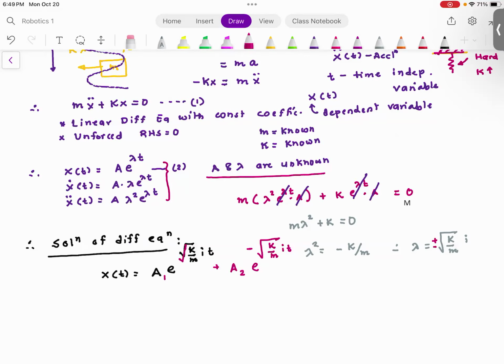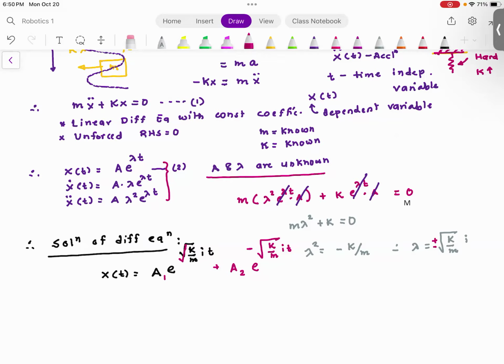Now, some of you may ask me, but we haven't figured out what A1 and A2 are. Once again, you agree with me that equation number 1 has two derivatives. If you have two derivatives, how do you solve the differential equation? You have to integrate it once, and you have to integrate it once again.